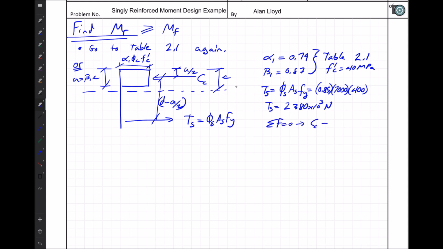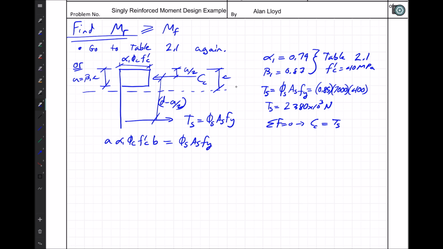Then we can say that the sum of forces has to be equal to 0, so our concrete in compression has to be balanced by our tension steel. Let's write it in terms of A times alpha 1 times phi C times F prime C times the width of the section, balanced by phi S, area of steel, Fy.